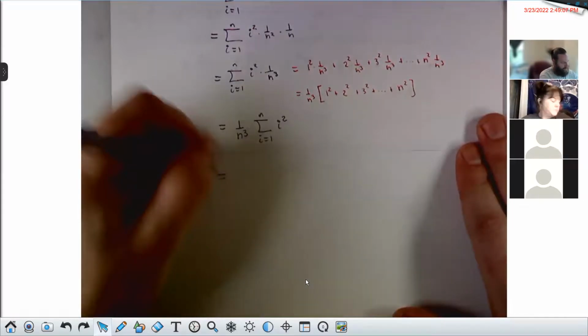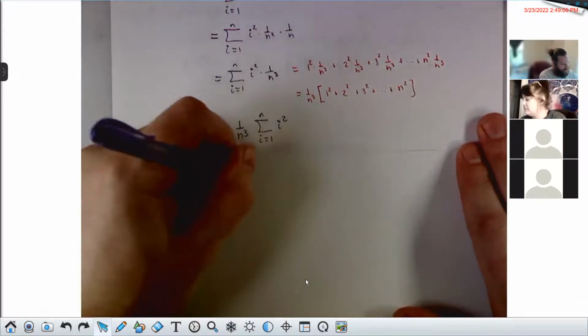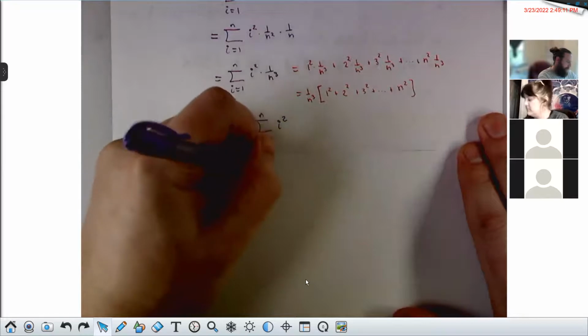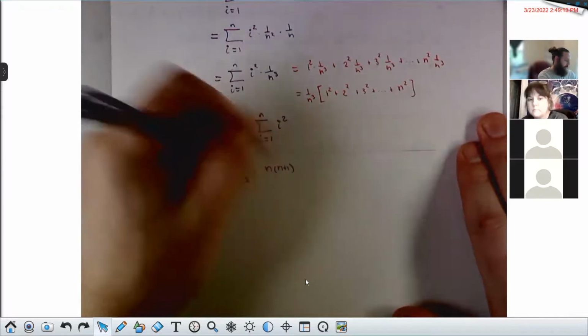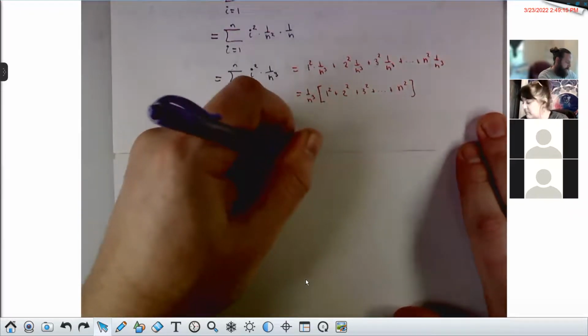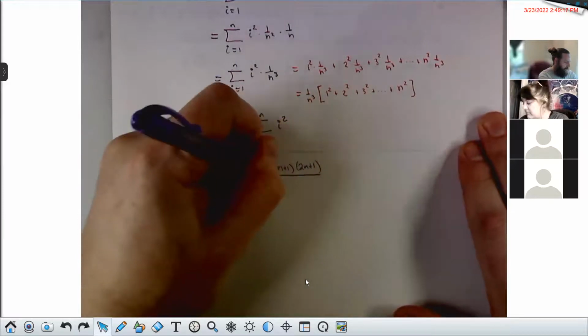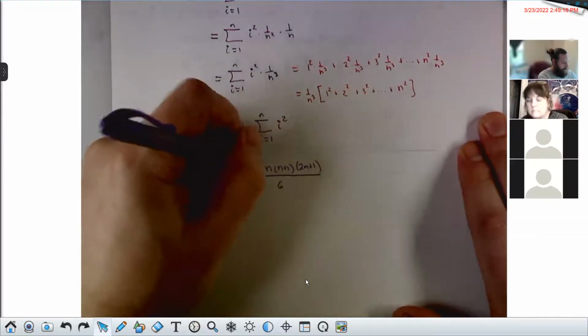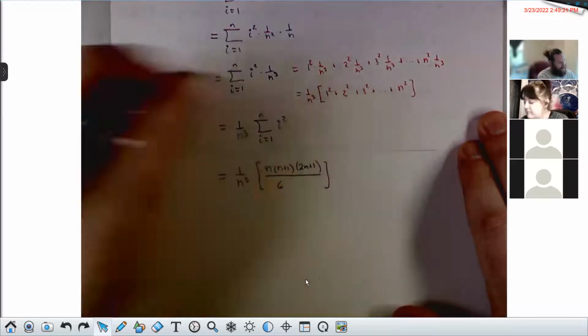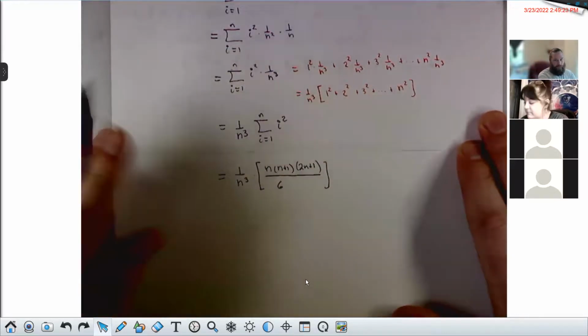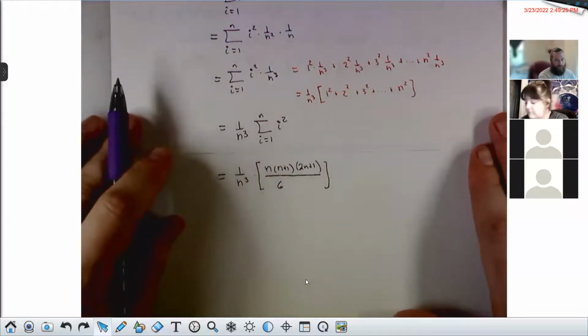So this is 1 over n cubed times n times n plus 1 times 2n plus 1 over 6. I'm replacing the sum by this, which is the formula for that sum.